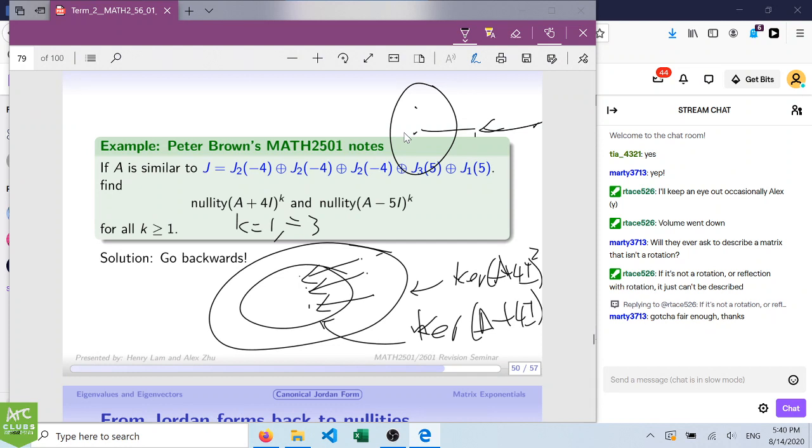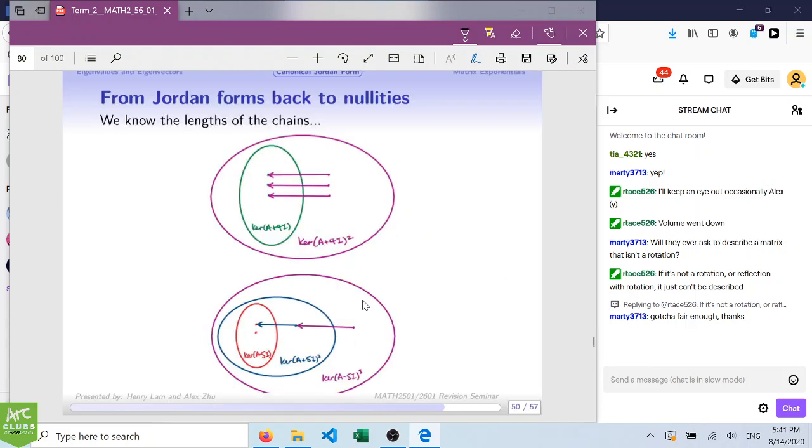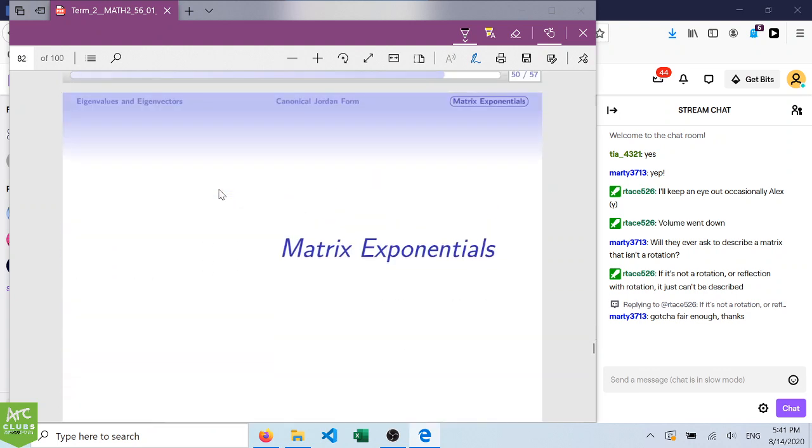So the nullity of this would be, first case for (A + 4i) to the k is going to be first 3 and then 3 and 3 and then 6 and then 6. The next case, it's actually 2 and then 3, then 4, and then stays as 4. Okay, so that's pretty much the diagram that you just need to draw, and then you just plug it in here, and that's pretty much the rest of that answer.